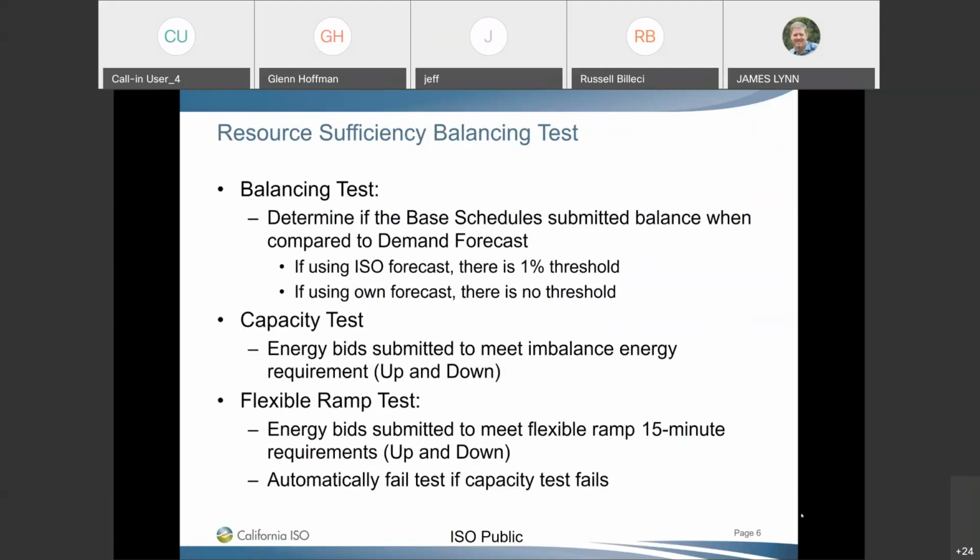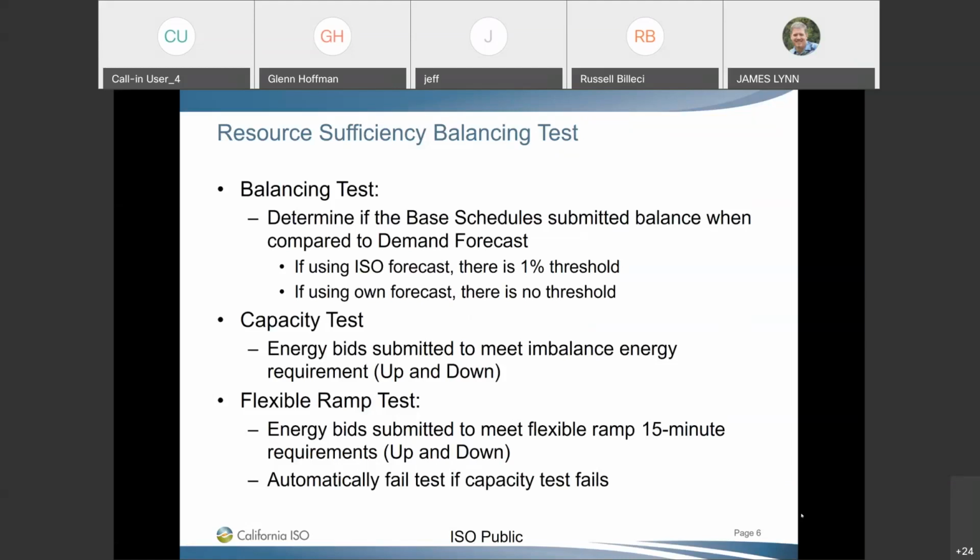But the balancing test is we're trying to determine if the base schedules are balanced against the demand forecast. Now, there's two things that we have to take into consideration on this balancing test. One is who's supplying the demand forecast. If you're using the ISO demand forecast, then the ISO is allowing for, or we have built in, a 1% threshold of that demand forecast.